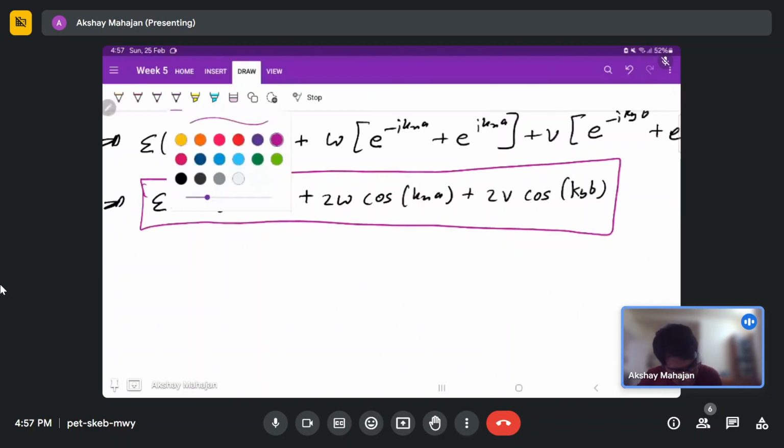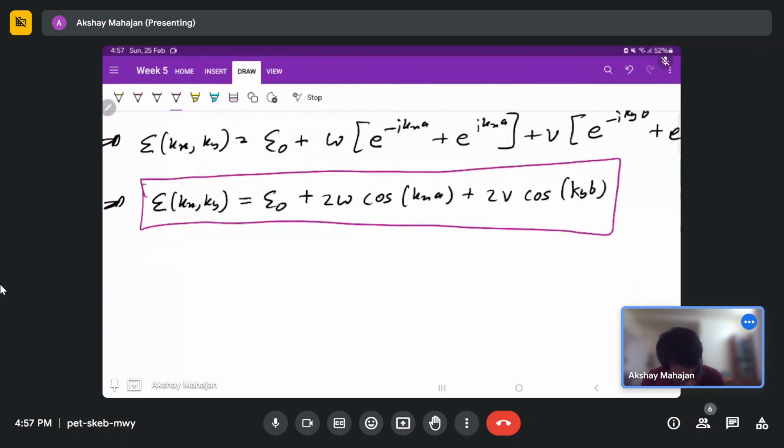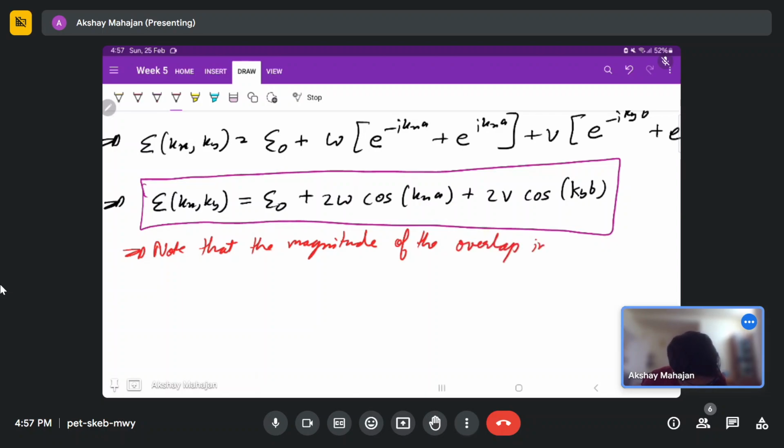So for this, remember, note that the magnitude of the overlap integral, overlap energy, decreases exponentially with the separation.